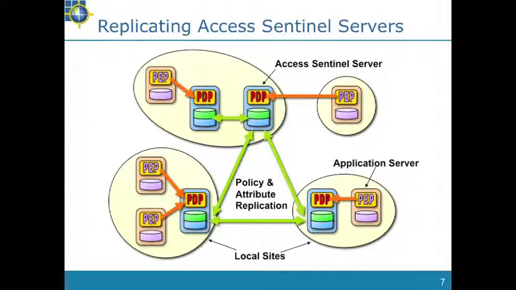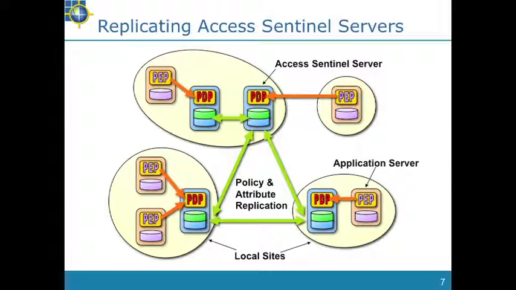We expect that the amount of traffic between a PEP in an application and the PDP in an Access Sentinel server is going to be much greater than the amount of traffic that a collection of Access Sentinel servers would generate in simply keeping themselves up to date with respect to the user attributes and the XACML policies. So it makes a lot of sense to simply put an Access Sentinel server close to each application that needs to be served.